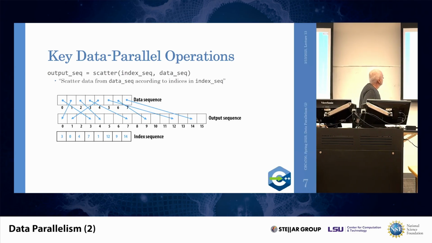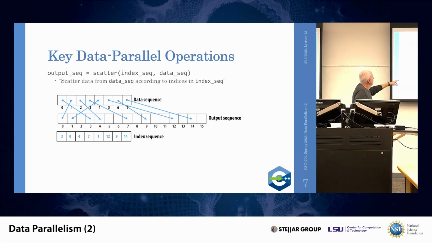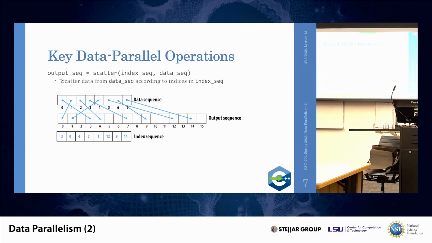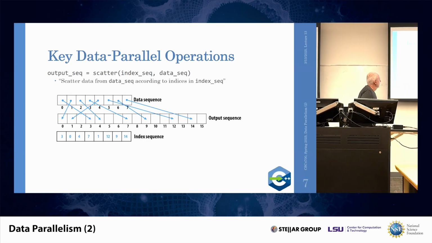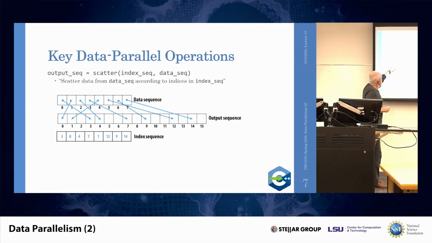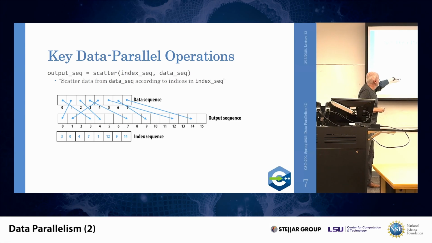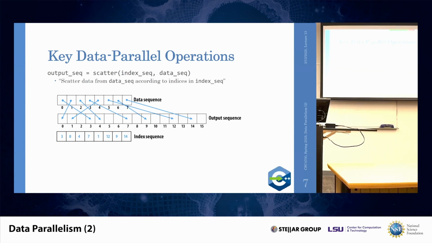Something is wrong here with the arrays, but I think you get the idea. No, everything's okay. We use the index to refer to the element in the output. So the first element from the input array goes to index 3, the second element goes to index 0, and so on and so on. So everything's okay on that picture.